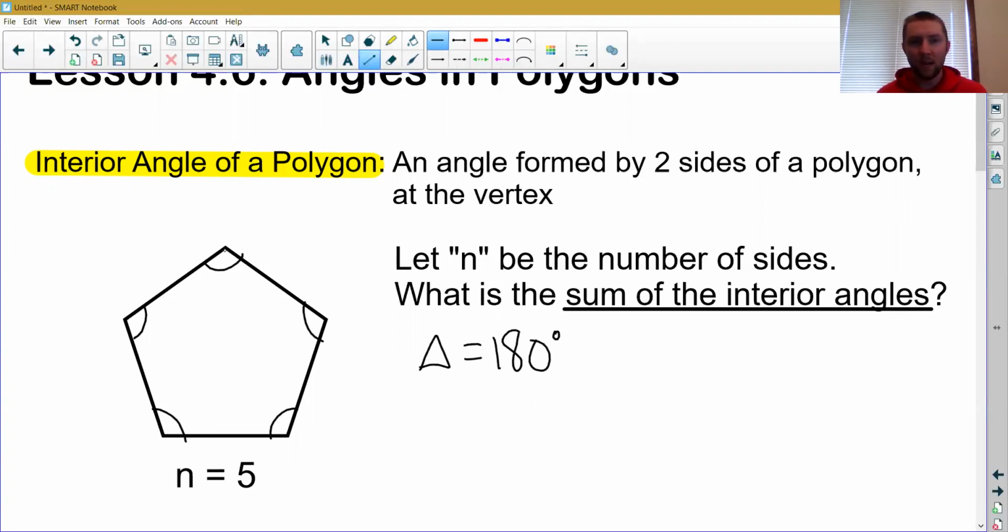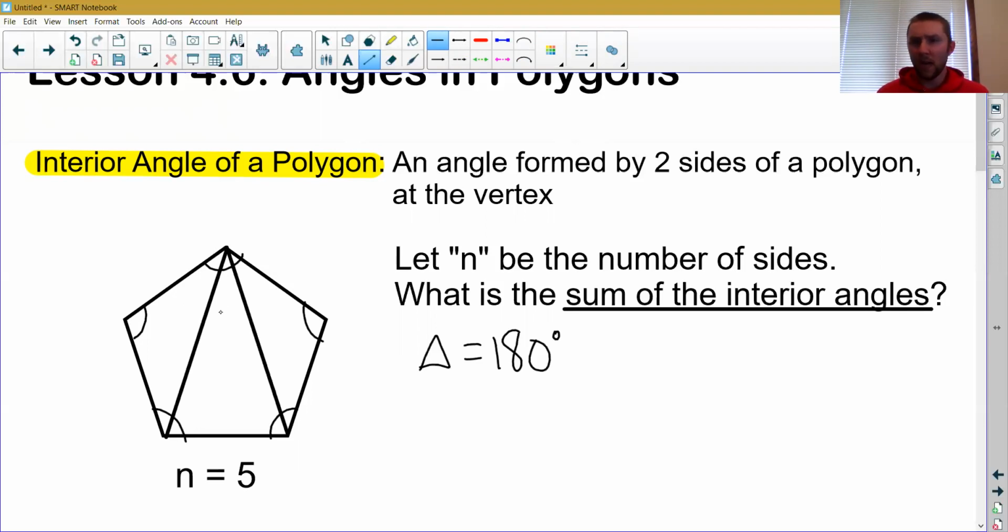To do that, I simply pick one corner and draw as many diagonals as I can. I'm going to start at the top and draw a diagonal down to this bottom right corner. Then I'm going to draw one also from here down to this bottom left corner. I think those are the only diagonals I can draw, because the rest, from this corner to here, would be a side of the shape, and from this corner to here is a side of the shape. So I can only do 2 in this case.